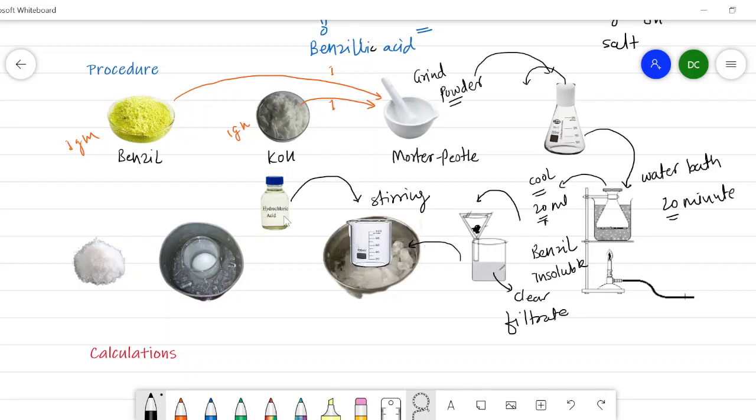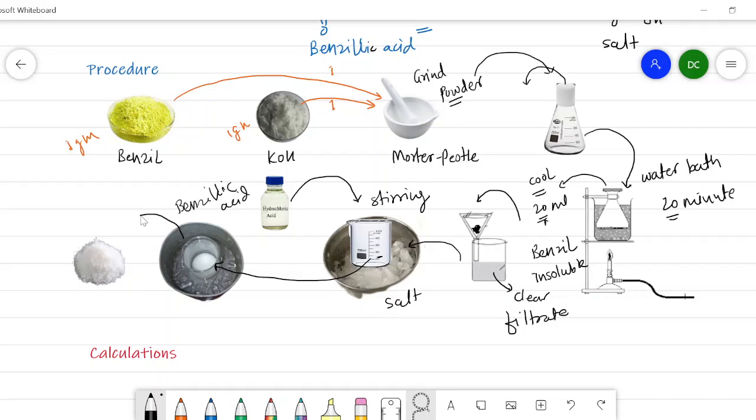So the salt which is present in the filtrate converts into the carboxylic acid, and we get this type of carboxylic acid, that is benzilic acid, in the beaker.